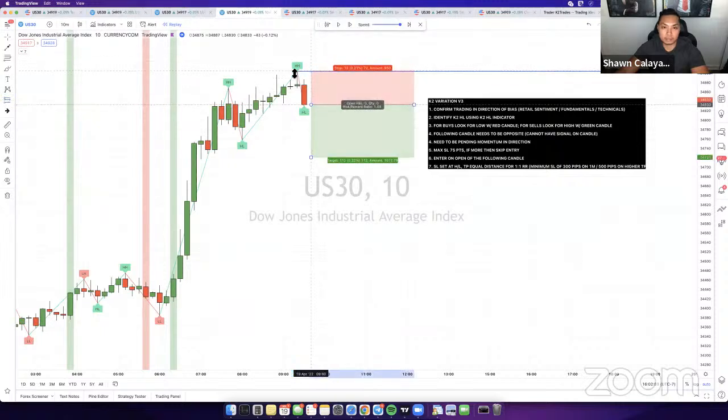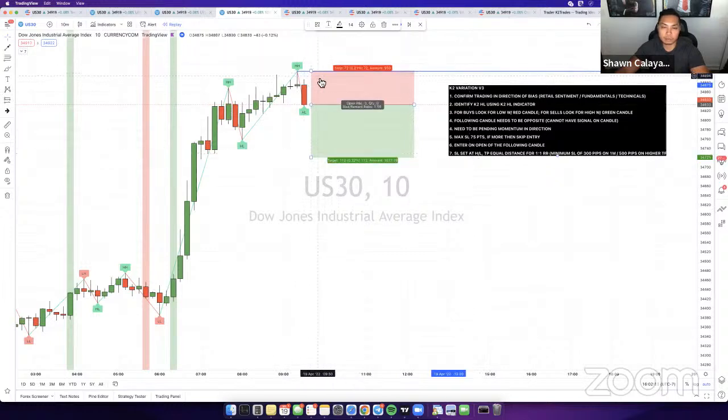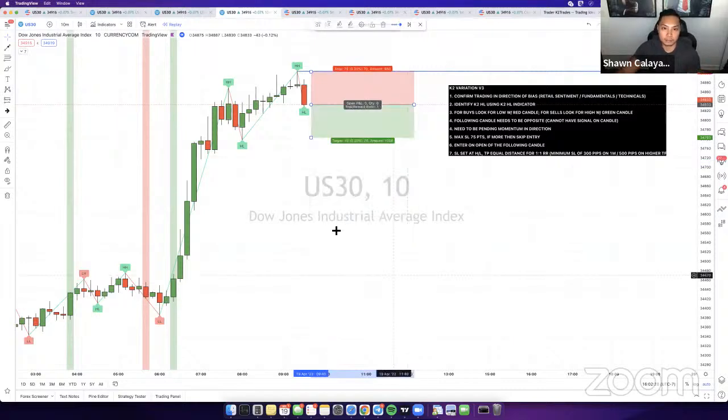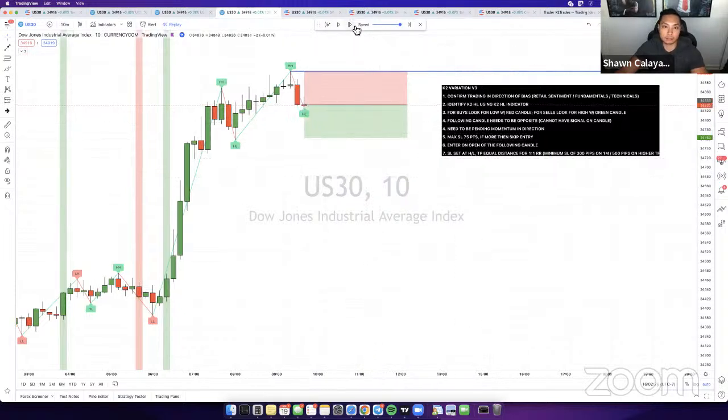You can see here that the requirement for the stop loss is to set stop loss at the high low. So for example, the high low is right here at 72 points, which is 720 pips. You can round it down if you want, or you can leave it at 700 or 720, it's just up to you. I'll just leave it at 700 to just balance it out. With that said, you enter the sell, you let it run.